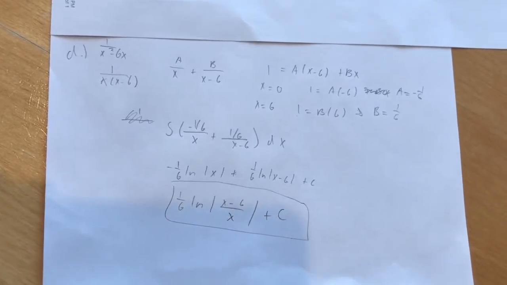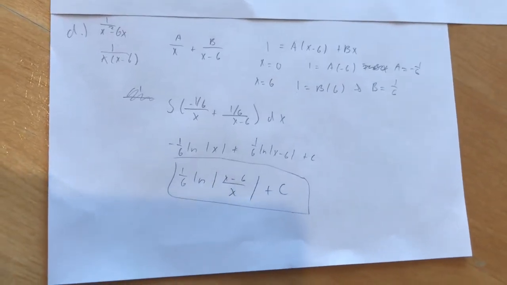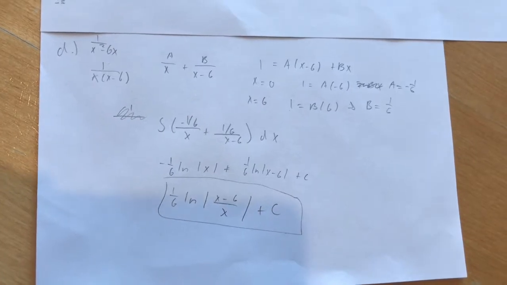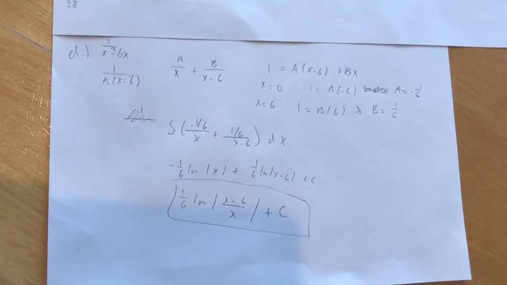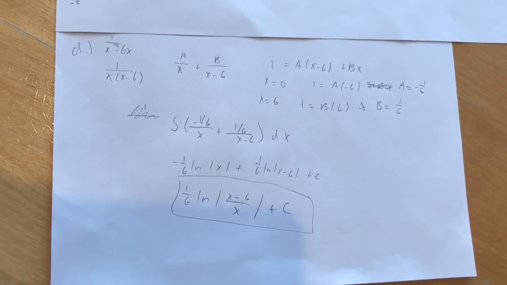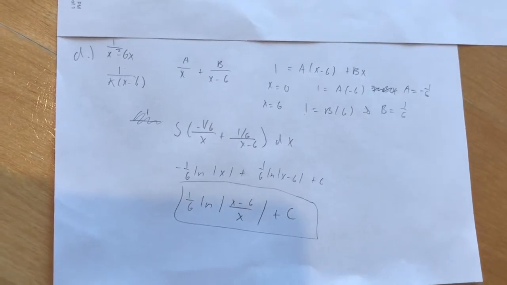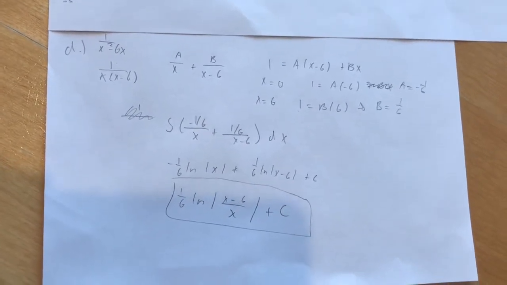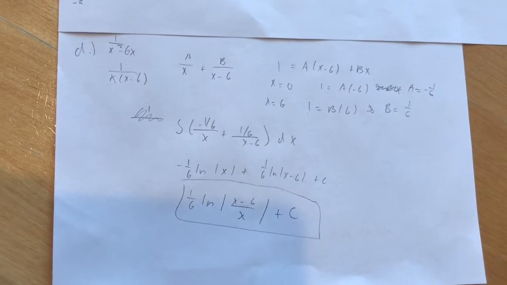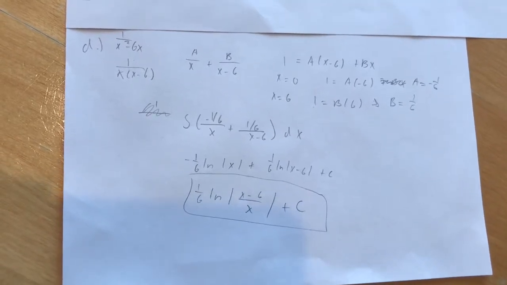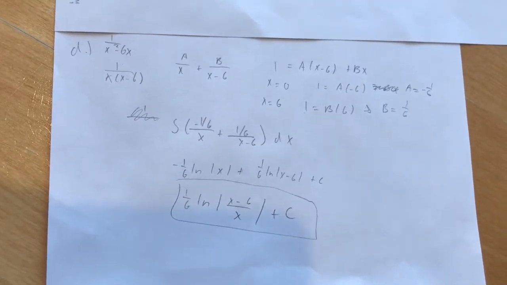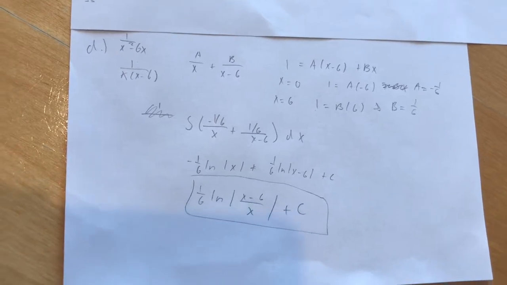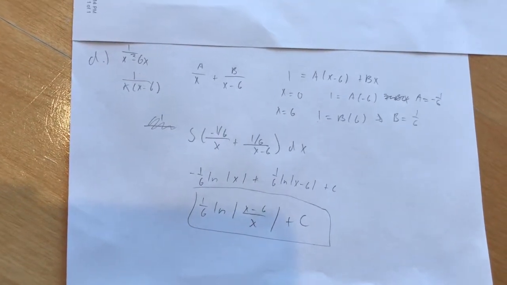At x equals 0, 1 equals a times negative 6, since b is multiplied by 0 at this point. So all we need to do is divide 1 by negative 6, and a equals negative 1/6. Now we go to x equals 6. At x equals 6, the a term is equal to 0, so we get 1 equals b times 6. b is going to equal 1/6.